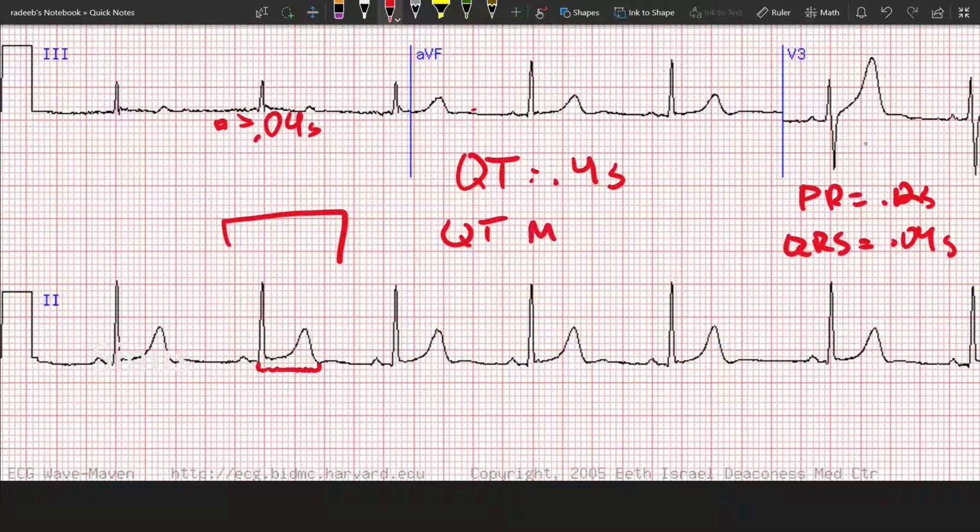For men, a normal QT interval should be less than 0.44 seconds. For females, it should be less than 0.46 seconds. When I do a rough interpretation, I check to see if the QT is bigger than 2 large boxes, which would be 0.4 seconds, and if it is, then I actually calculate and measure it. So here in our ECG, our QT is 0.4 seconds.